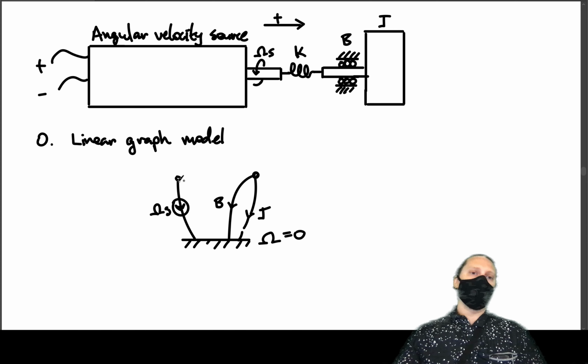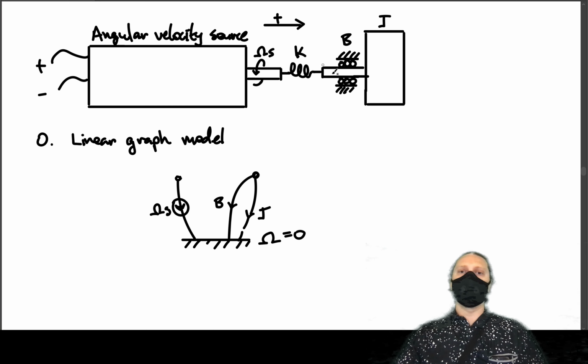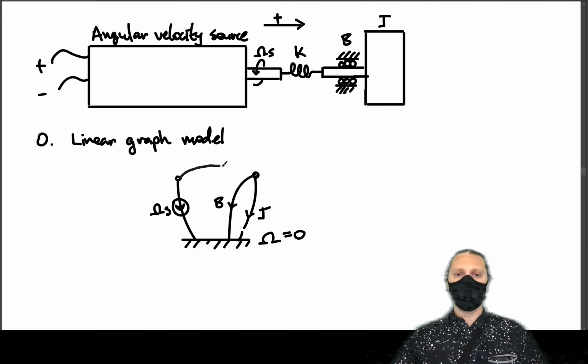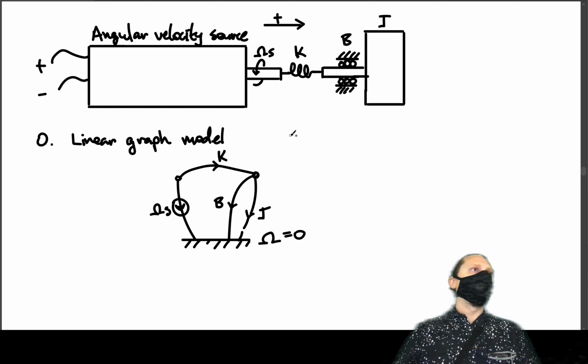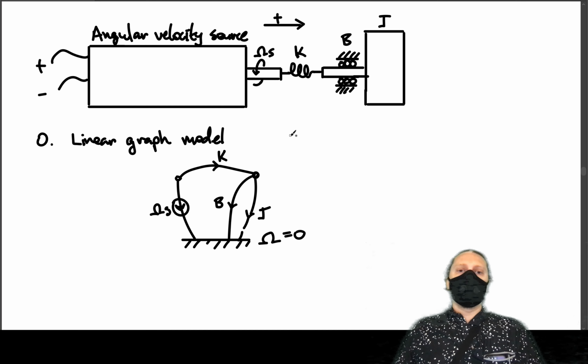So the drop in angular velocity from positive to 0 is given there. Okay, so now we've got the angular velocity of this shaft connecting to this other shaft, which has the flywheel. In between, we have this flexible shaft coupling K that we have modeled. So this is our linear graph.